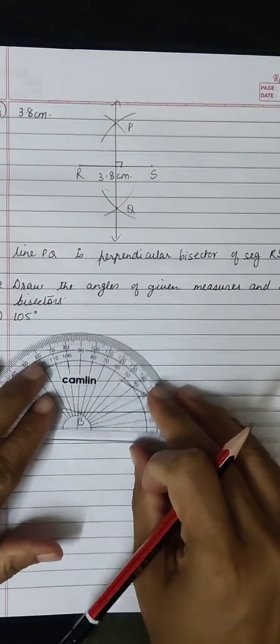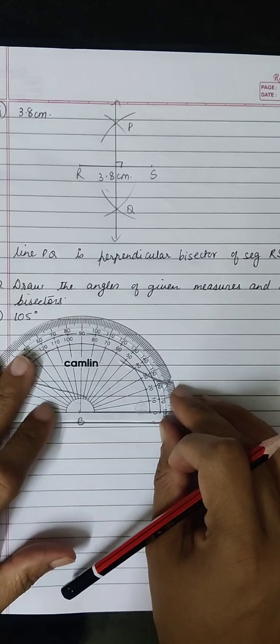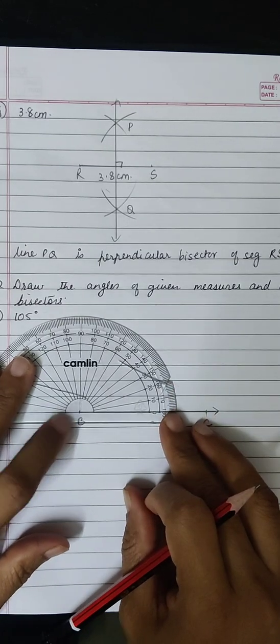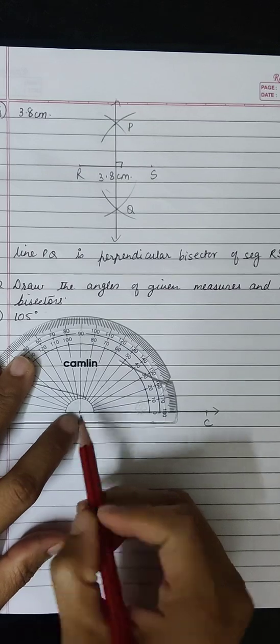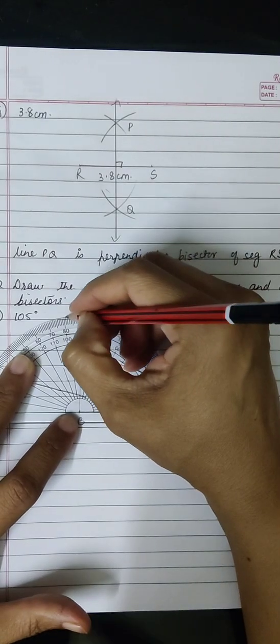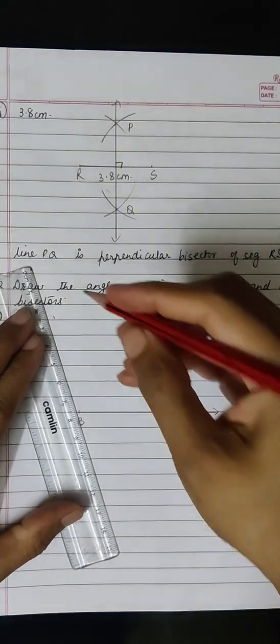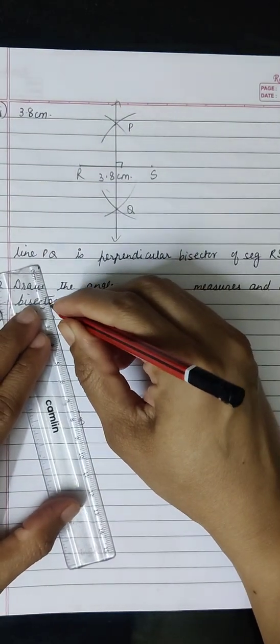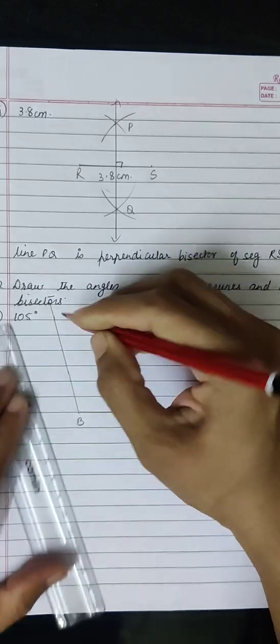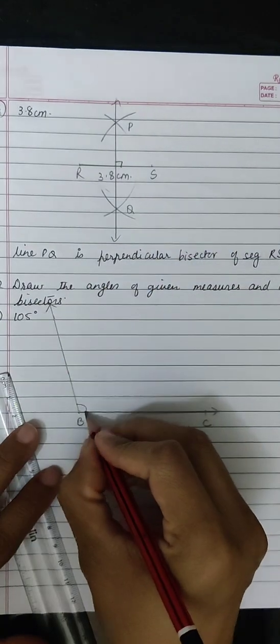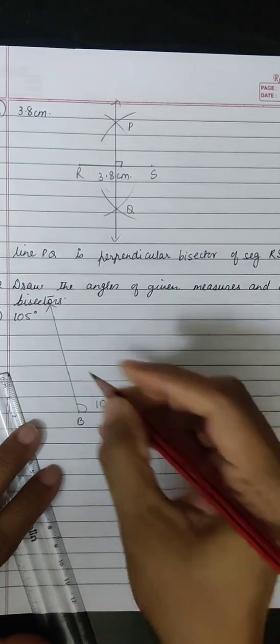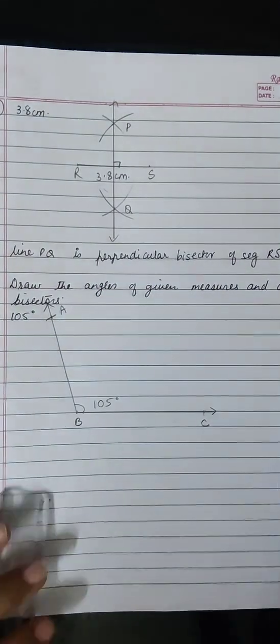Then I'm taking a D, I'm keeping it on B. This point is on my B, so 90, 100 and 105 is here. So I'm removing it and drawing a line. So this is my angle 105 degrees and naming it as A.